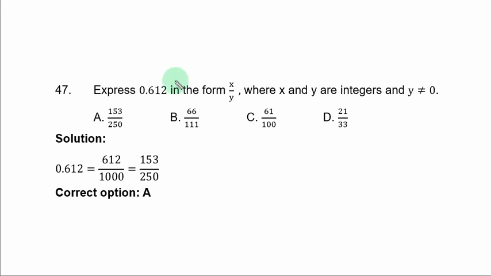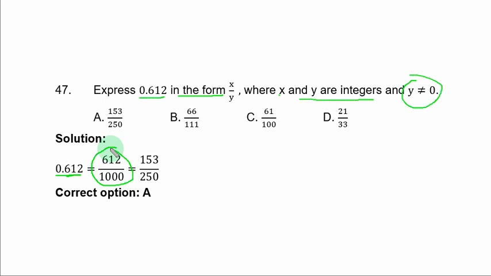Question 47. Express 0.612 in the form s over y, where s and y are integers and y is not equal to 0. So you simply convert this decimal number to an ordinary or common fraction, and that is simply 612 over 1000.